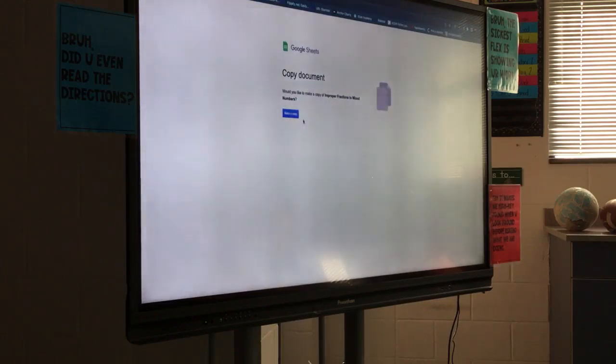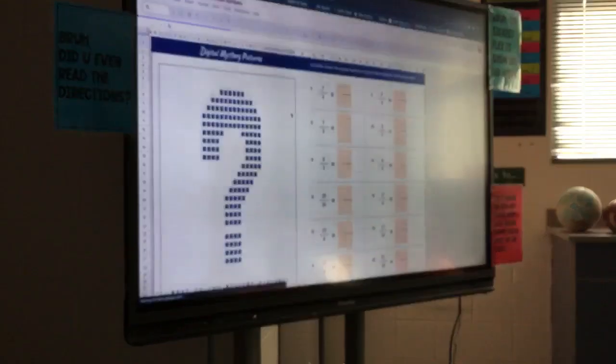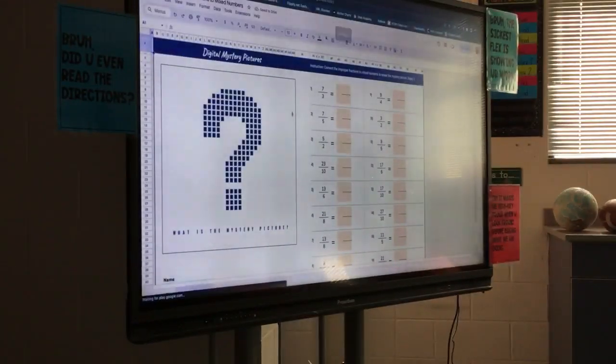All right, go ahead. See where it says make a copy? Click make a copy. Now, if you read the directions, it says, instructions: convert the improper fractions to mixed numbers to reveal the mystery picture.